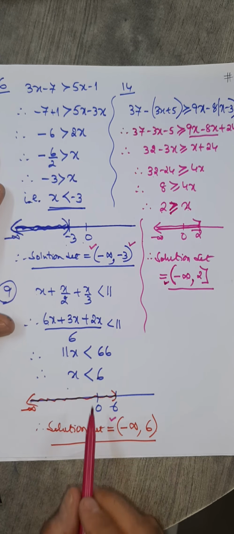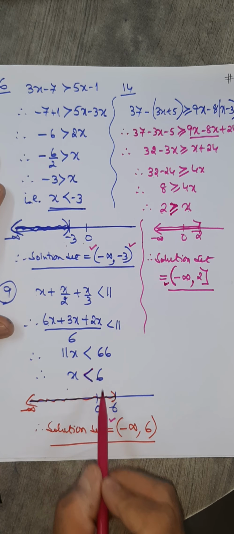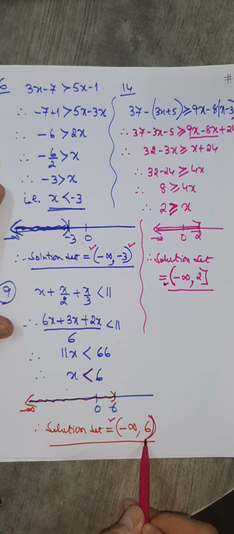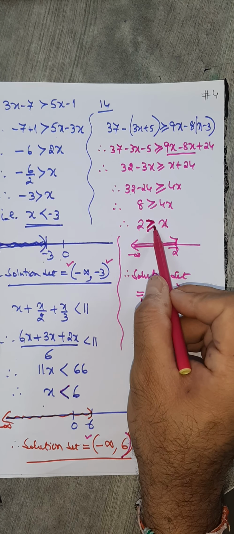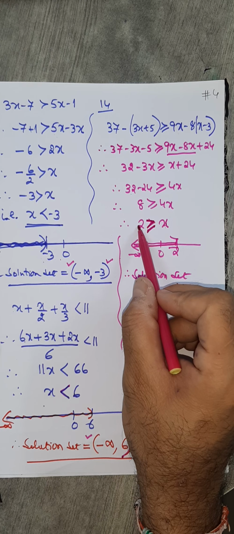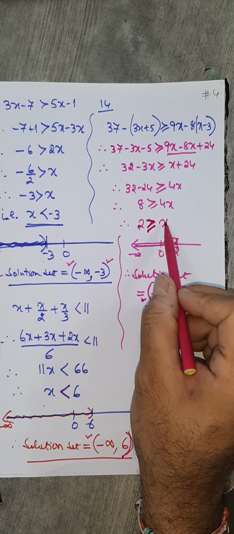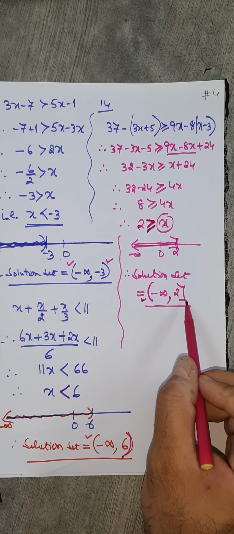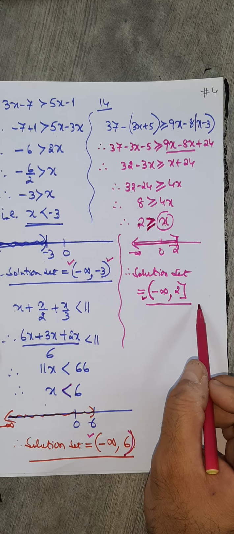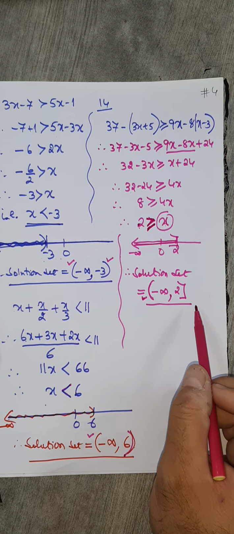What about this question? Here less than, that means 6 is not included, so open interval. Here x is less than or equal to 2. Fine. So because of this equality you have this closed interval. This is read as a closed interval, you know it. Okay. Fine.